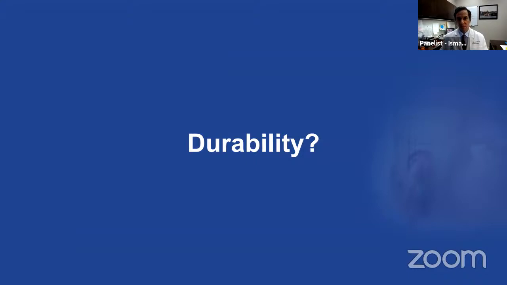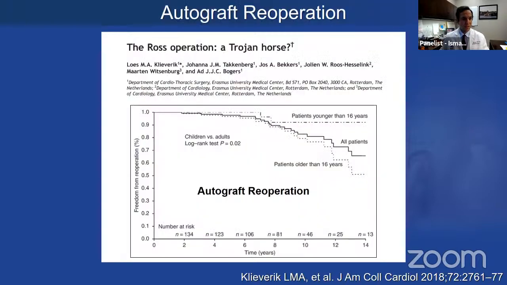And the second point, or weakness, one may say, of the Ross may be the durability. And indeed, if you look at the literature, there are studies that show high rates of reoperation in these patients, even within 10 years after surgery. This is a study from Rotterdam showing high rates of reoperation in adults, and that, in their conclusion, led them to abandon the use of the Ross procedure in adults.